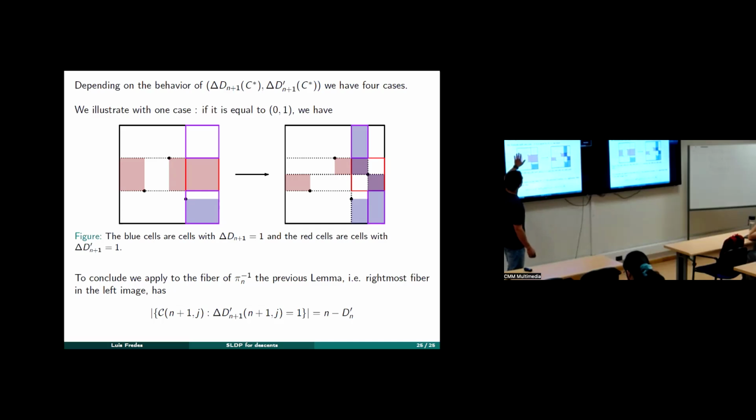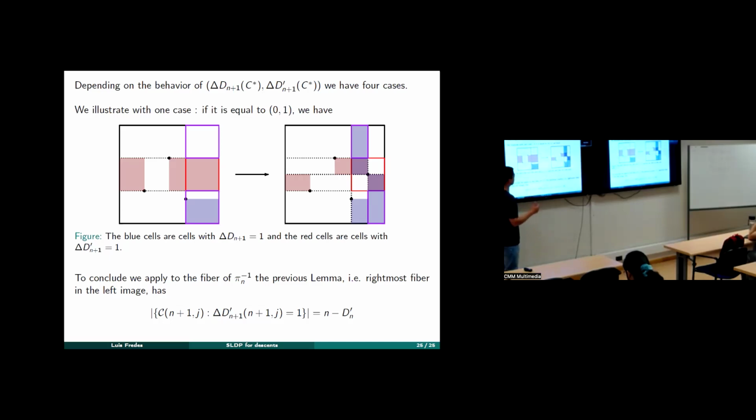So imagine that I have a C star that has increment 0, 1. Basically I explore this cell. What happens when I put a point here? It will make some room to define a permutation, and I will try to keep track of the cells here that induce increments of the direct and the inverse, and also here. So this is a representation of my permutation of size n that was induced by this one.